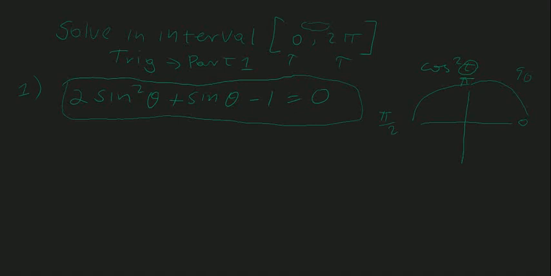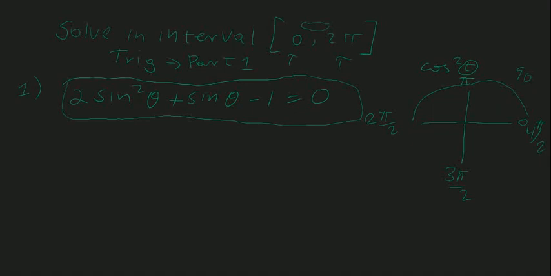So pi over 2, and then we have here 2 pi over 2, 3 pi over 2, and then we have here 4 pi over 2, all right?